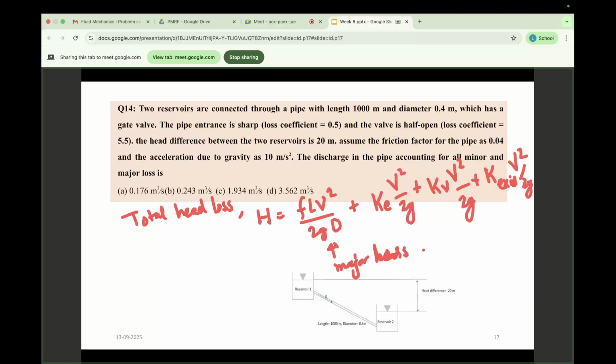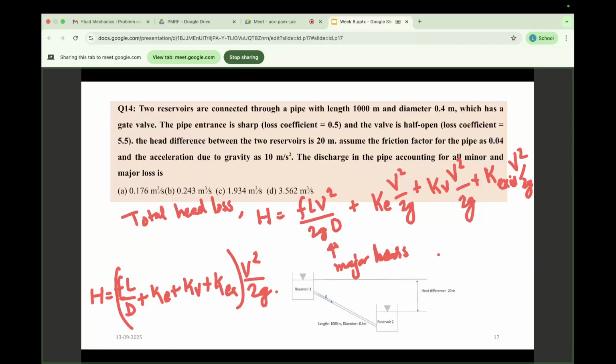This is equivalent to 1, right? So I can write this H is fL by D plus K e plus K v plus K exit, if I take V square by 2g outside.